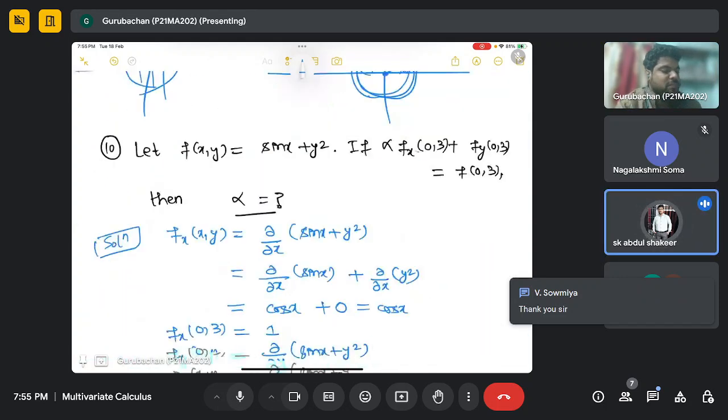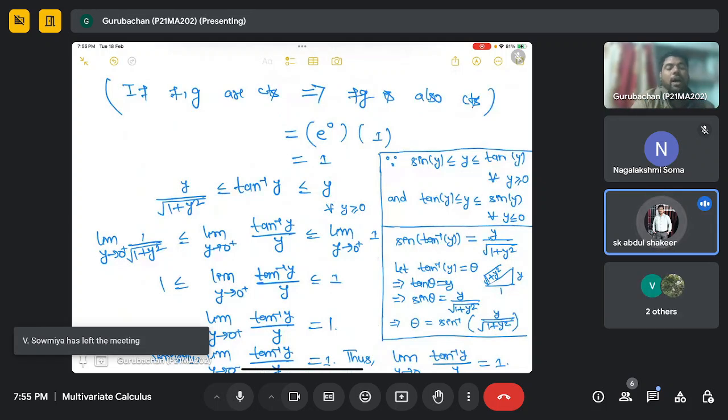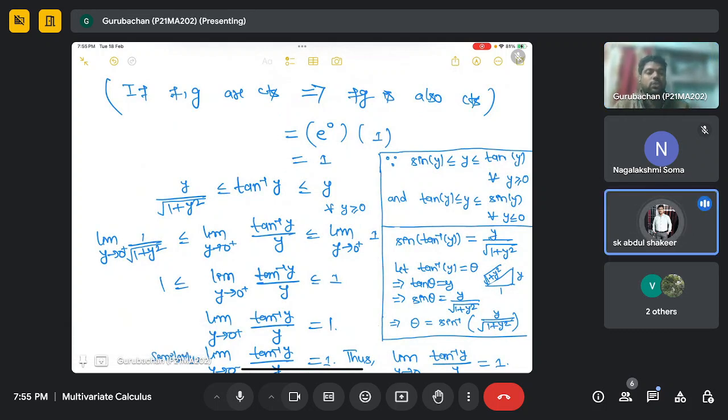Yes, sir, that is a time-taking long process. Yeah, I know, but this is the real analysis process. If you are giving some subjective paper, in that scenario you can apply the Lagrange multiplier.